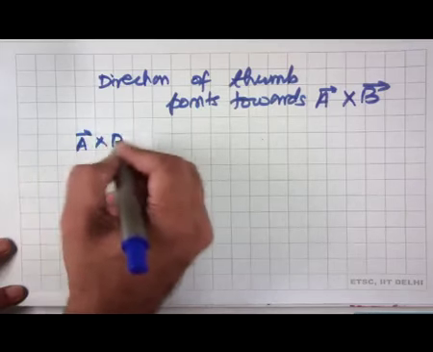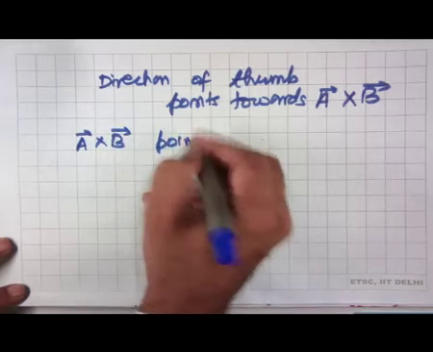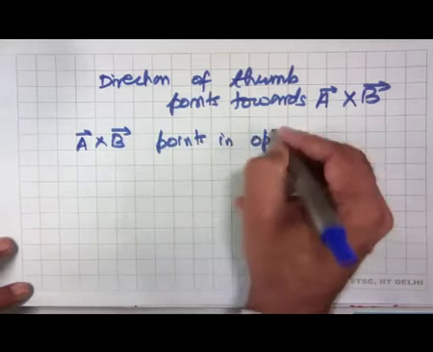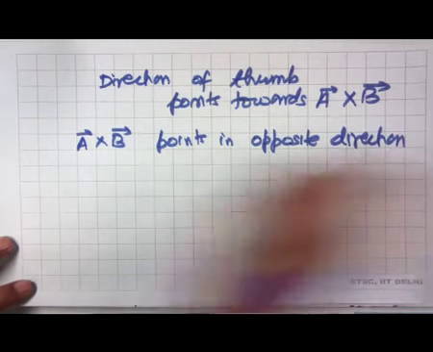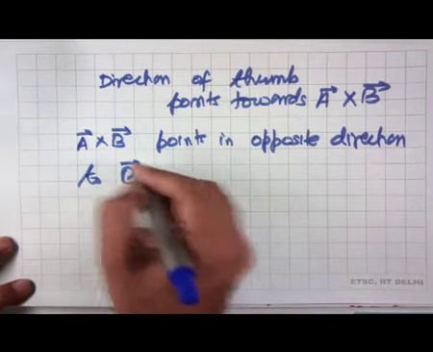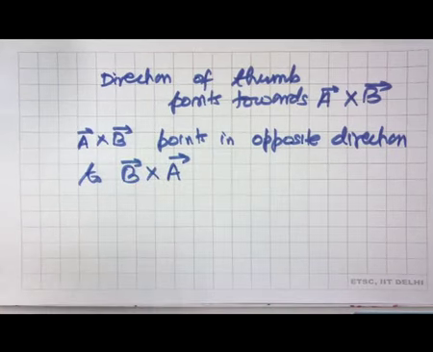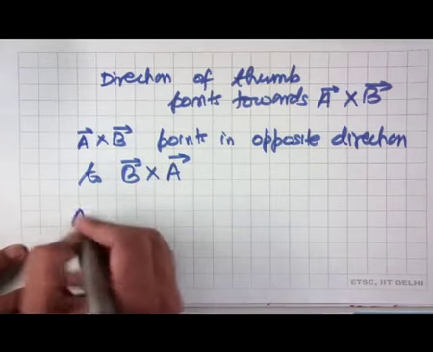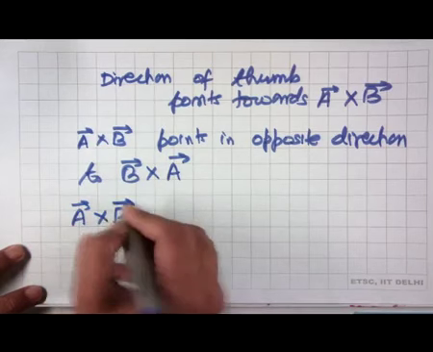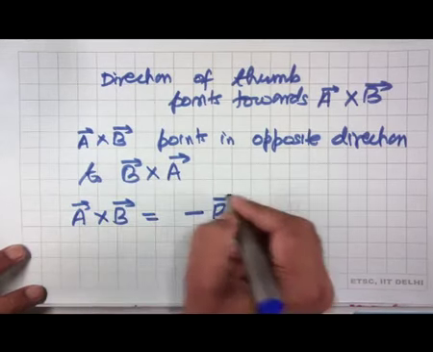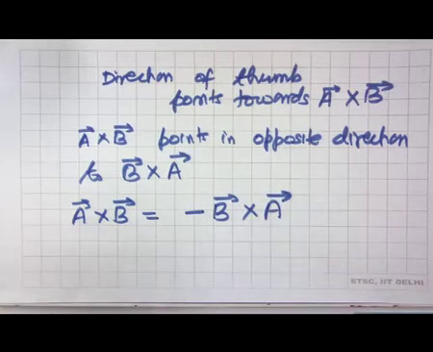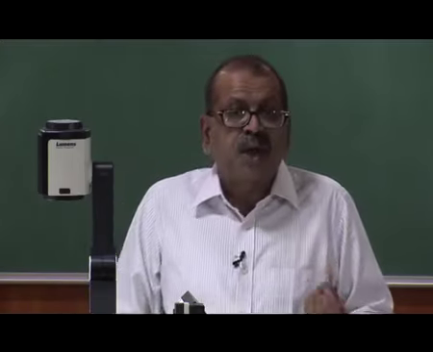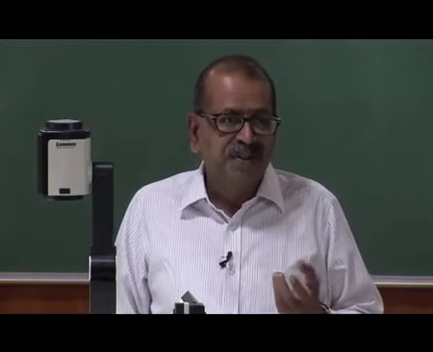A cross B points in the opposite direction to B cross A. That means we can clearly say A cross B is equal to minus B cross A. This also tells us that this product is not commutative. The dot product was commutative, but this one is not.